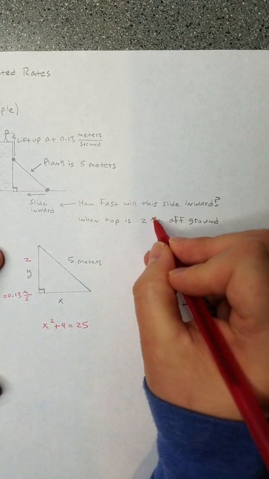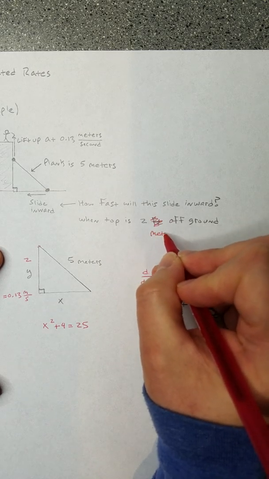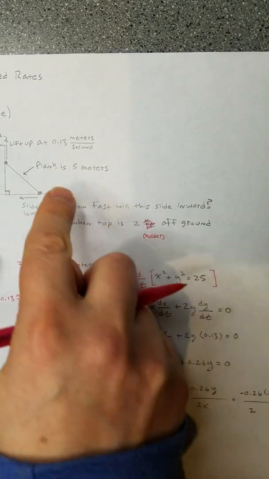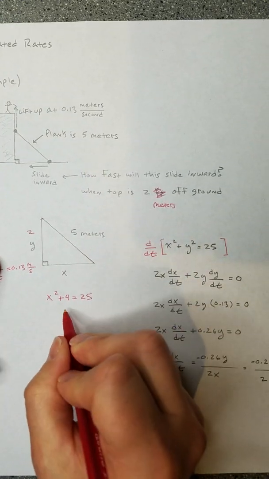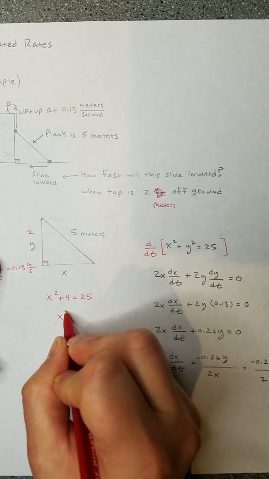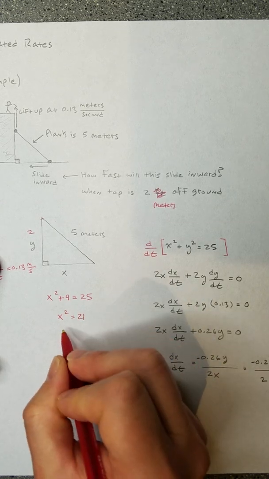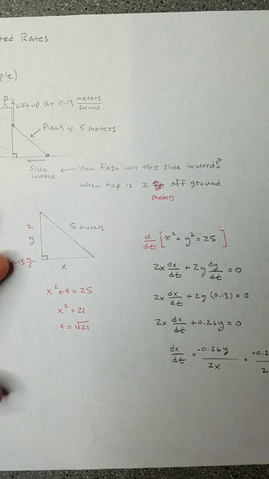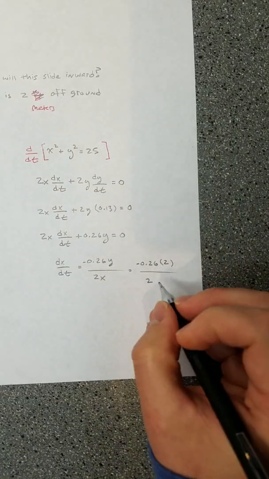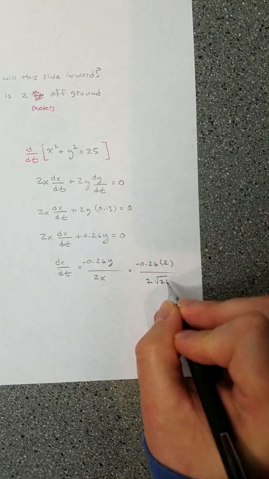Oh, I put feet. I should have put meters. We've got to be consistent with the units. I'm sorry. Meters. So all right, 2 meters. Okay, so this is going to be that x squared is 21, or x is equal to root 21. Okay. All right, so then this number is root 21.